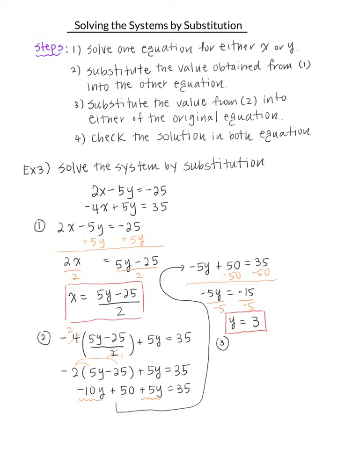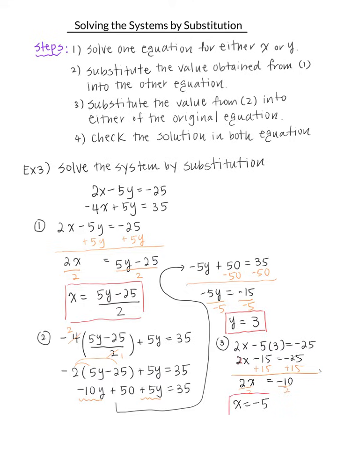So here, what I'm going to do is take the first equation. So I'm going to have 2x minus 5y, which is 5 times 3, equals negative 25. Then we're going to have 2x minus 15 equals negative 25. So add 15 to both sides. Then we're going to have 2x equals negative 10, dividing by 2, then x equals negative 5.